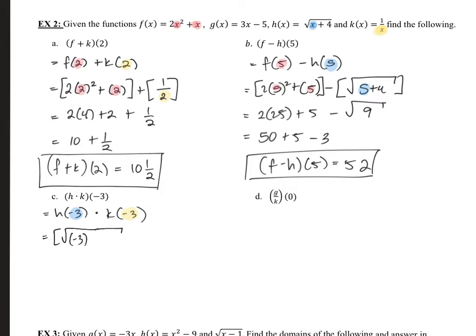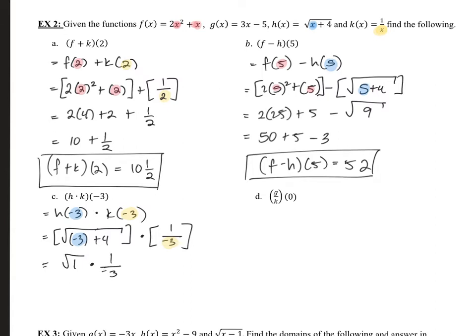So negative 3 plus 4, that was my h, times my k value, which is 1 over, and we're replacing the x with a negative 3. Once again, let me just color code that. Hopefully the color coding is helping. So the square root of negative 3 plus 4 is the square root of 1 times 1 over negative 3.